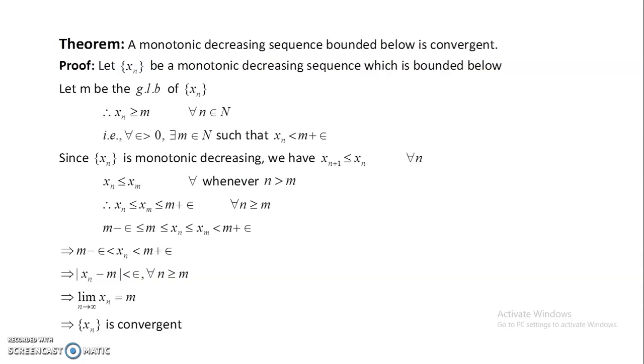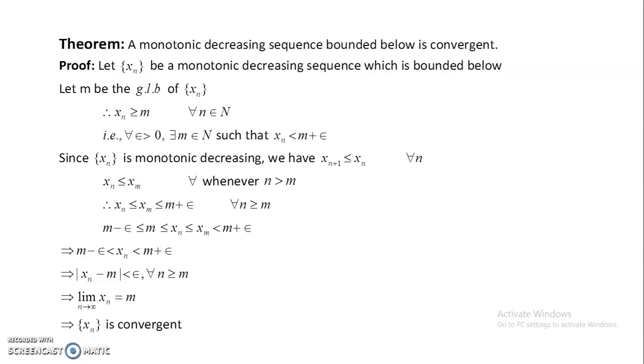So for every epsilon greater than 0, there exists a small m belonging to N such that xm is less than m plus epsilon.